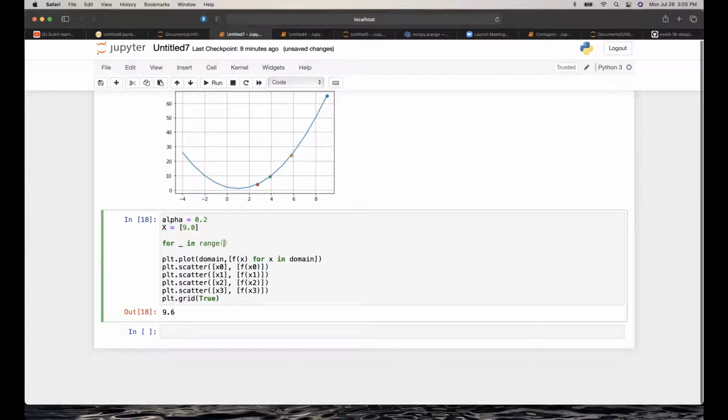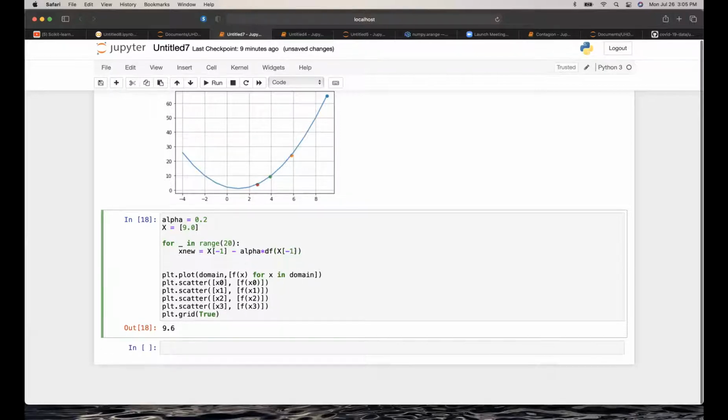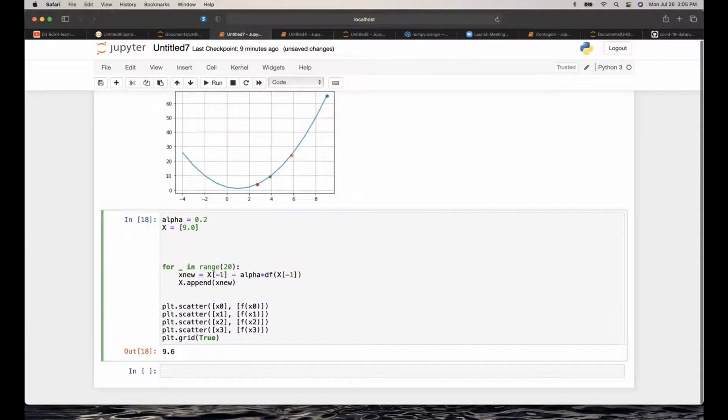Maybe we'll do it 20 times. We'll say x new is equal to our previous x minus alpha times the derivative of our previous x. And then after we make that, we just put it inside our X with x new. Okay, and because I want to look at the plot of this, I'm going to go ahead and do that.